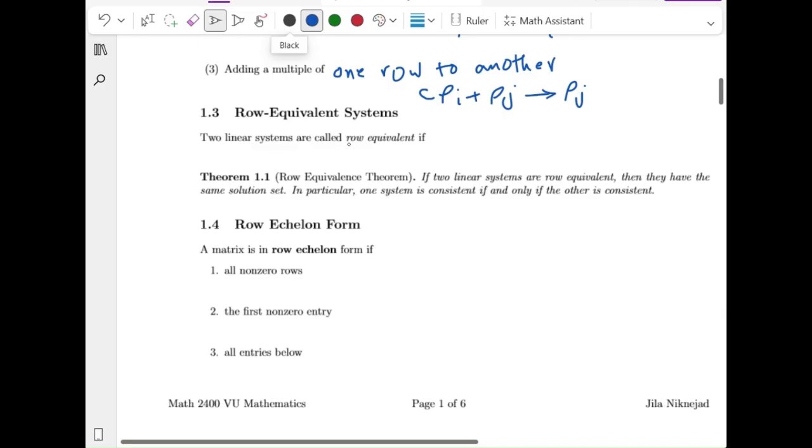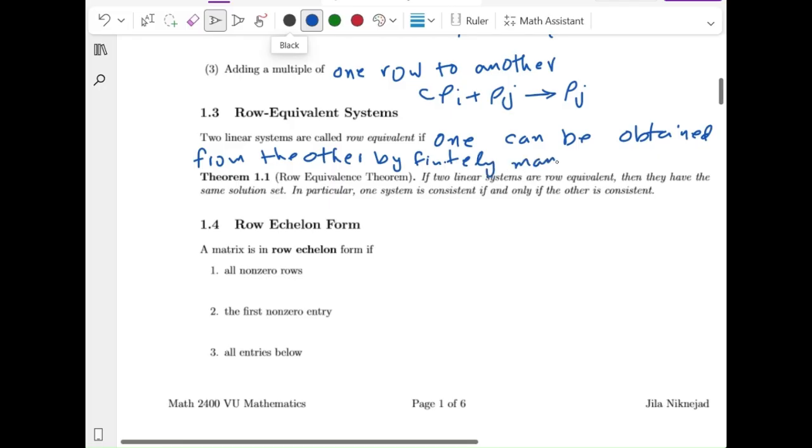Two linear systems are called row equivalent if one can be obtained from the other by finitely many elementary row operations.